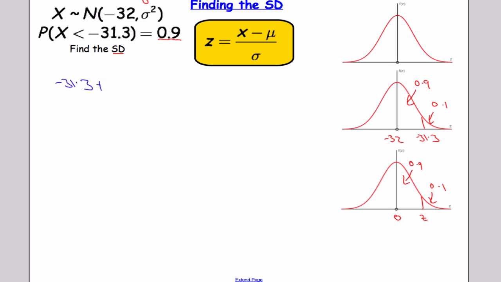So that's plus 32. Divided by the standard deviation will equal the z value. So I'm going to try and calculate what my z value is now with a probability of 0.9 to the left or 0.1 to the right.